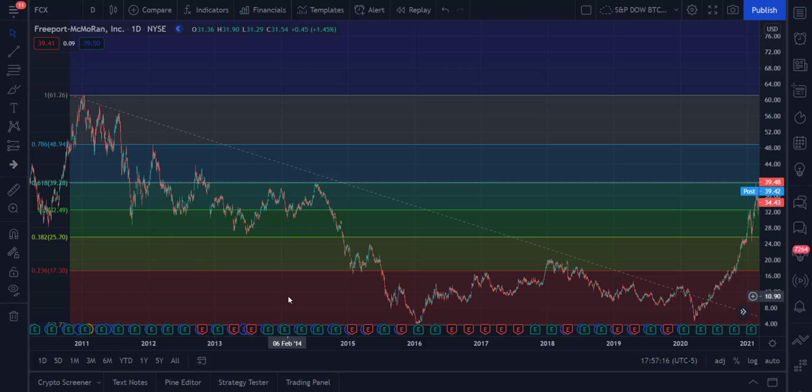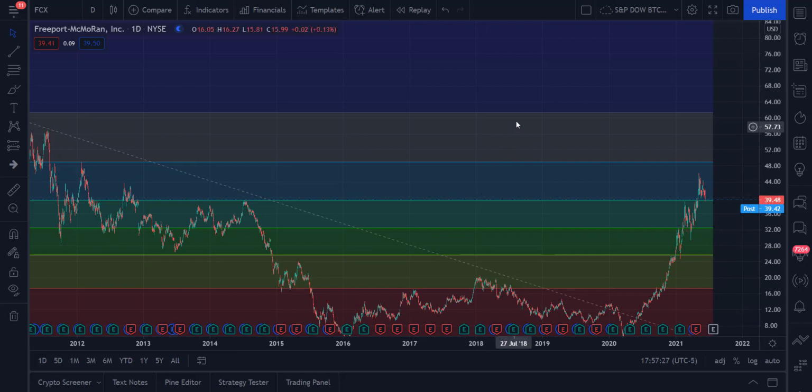That'd be pretty huge. That's a $9 move. On a $40 stock, that's almost a 25% move in the stock. So definitely worth paying attention to since we are so close to it.